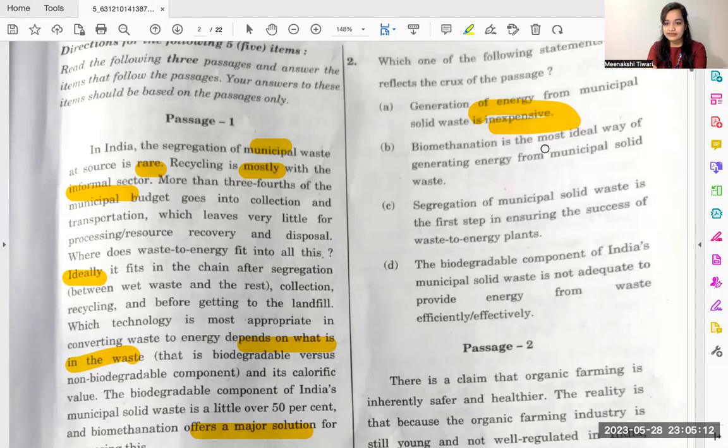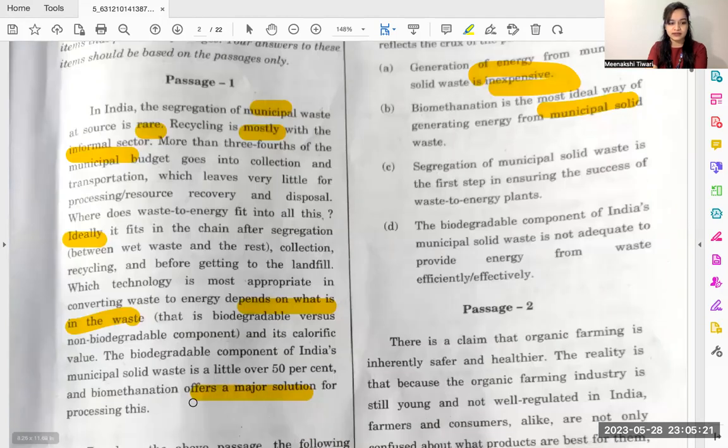Biomethanation is the most ideal way of generating energy from municipal solid waste. A good option. Why? Because it's given in the last line. It is given in the last line, and last line and first line are often important. Location of possible answers. Now look at the last line. What does it say? Biomethanation offers a major solution.